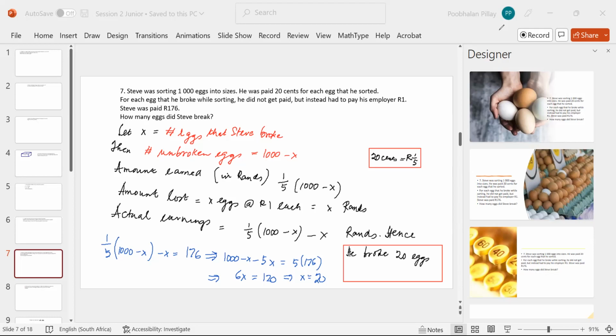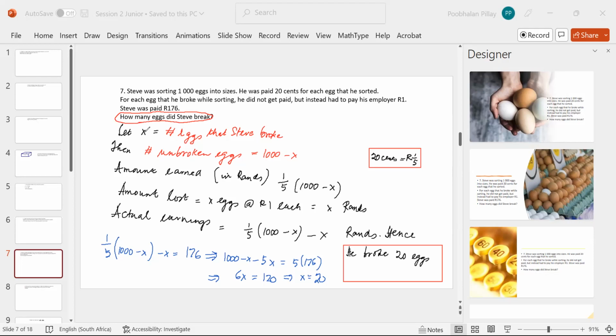All right, so this is the question. How many eggs does Steve break? So that's the unknown. Let's give a name to the number of eggs that Steve broke.